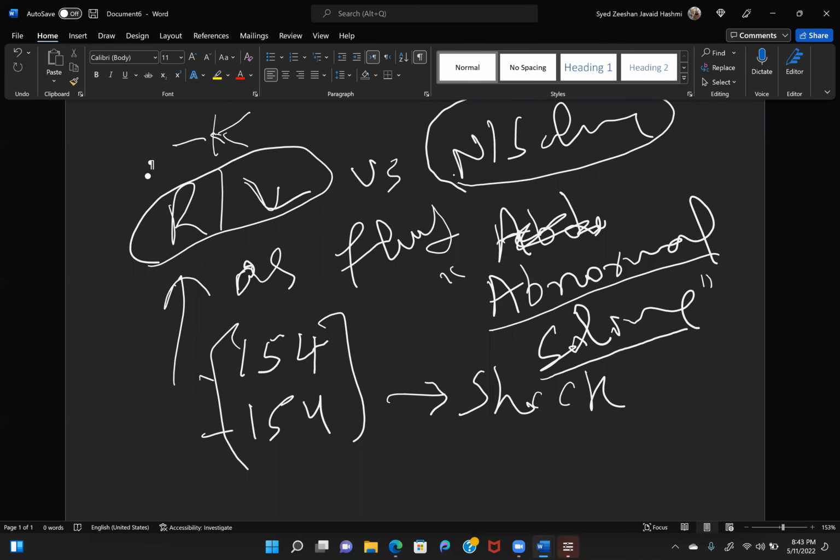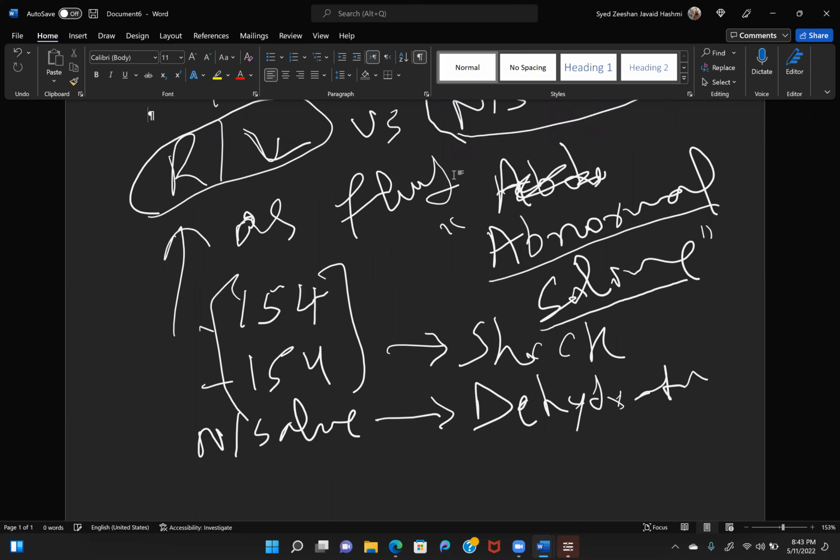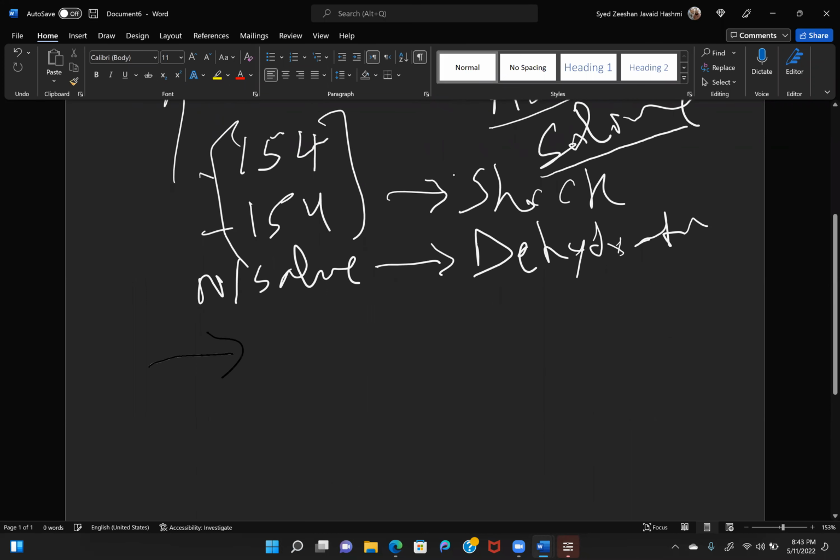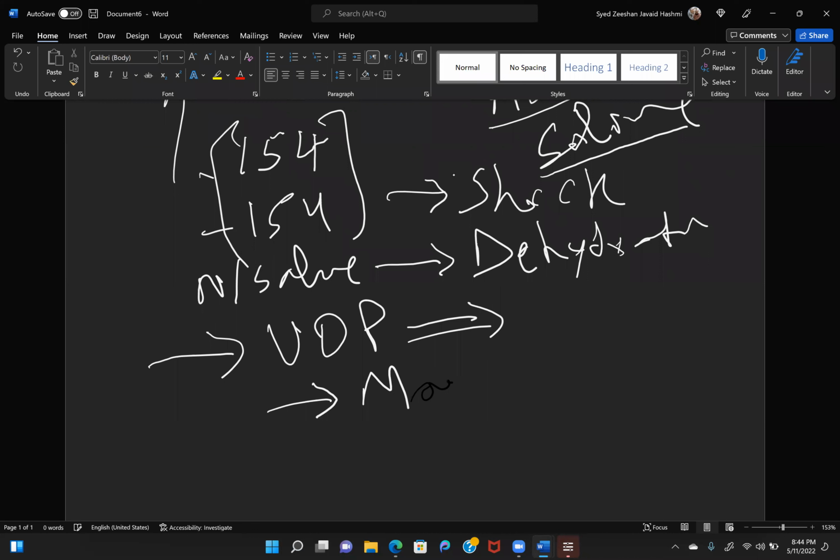That one, what you said, that in DKA you use normal saline to correct dehydration. Okay, and once you get the urine output, then you can. Another thing is that there are two solutions in it: one is maintenance, and one is replacement or dehydration.